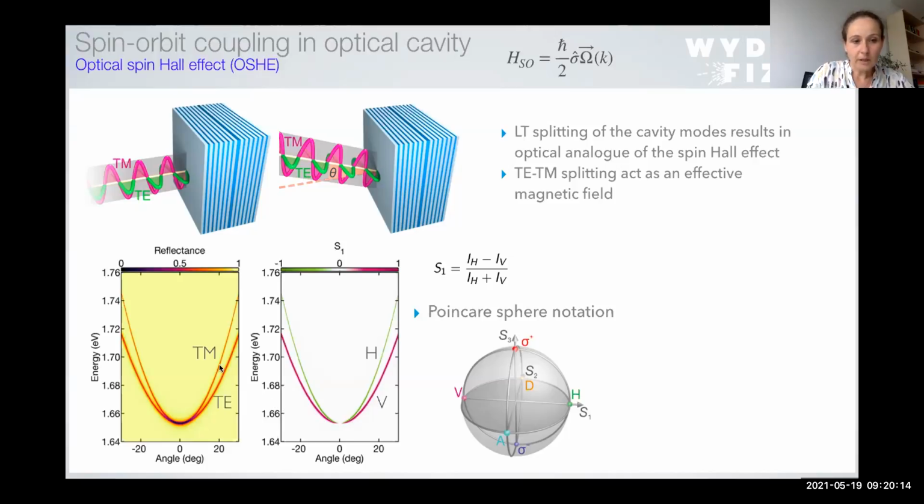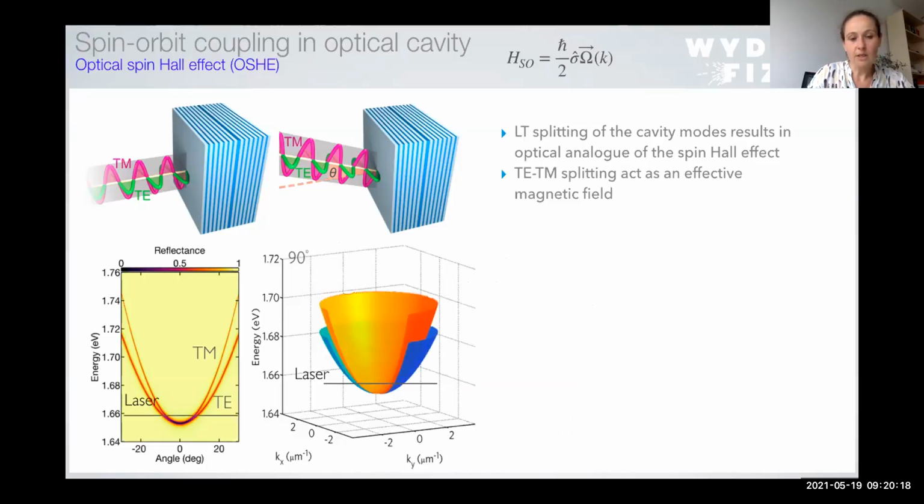The photonic modes in the cavity, as you know, are these two paraboloids if we plot them in reciprocal space, in Kx and Ky. They are split due to this horizontal-vertical splitting. Now imagine an experiment where you transmit a laser resonantly through this mode.